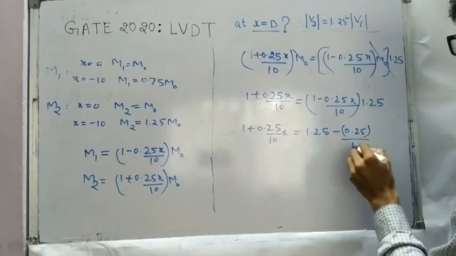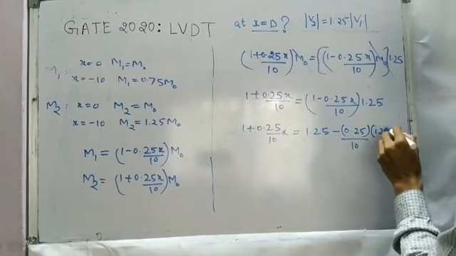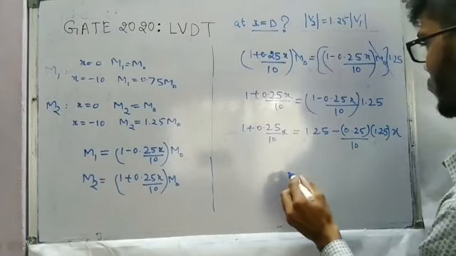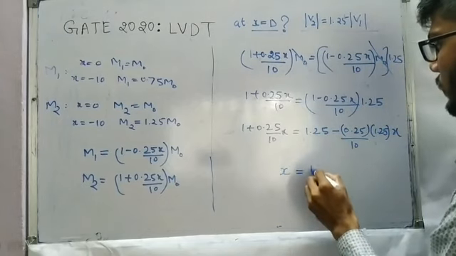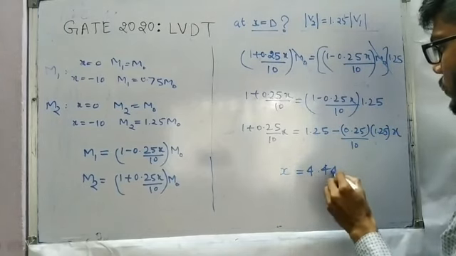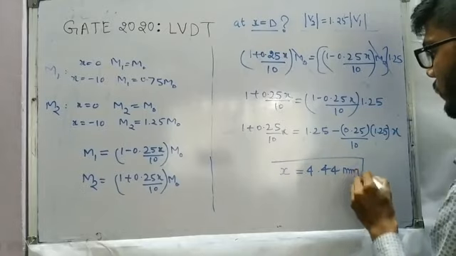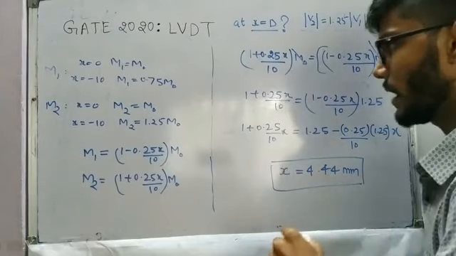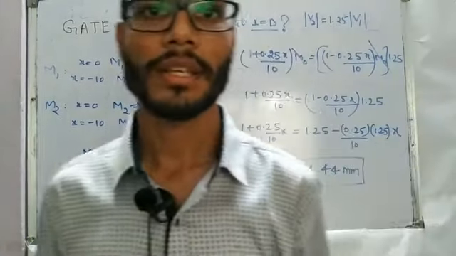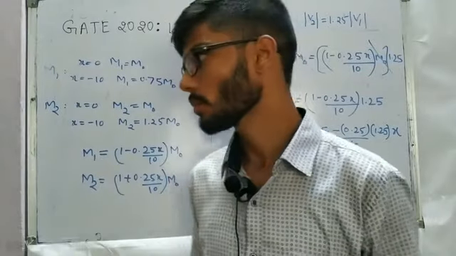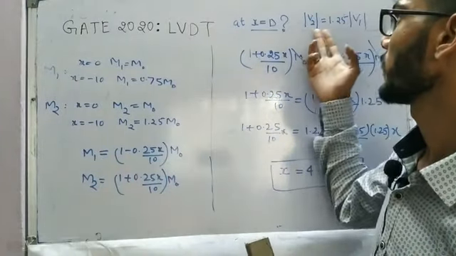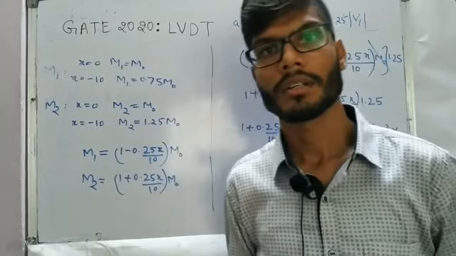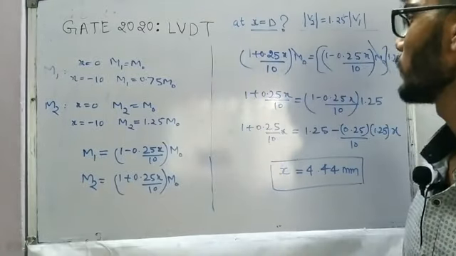The mathematics part you can do by calculator, so I am not solving it. If you solve it, you will get the answer as 4.44 mm. So you have to displace the ferromagnetic core by 4.44 mm to get the magnitude of voltage V2 1.25 times the magnitude of voltage V1.